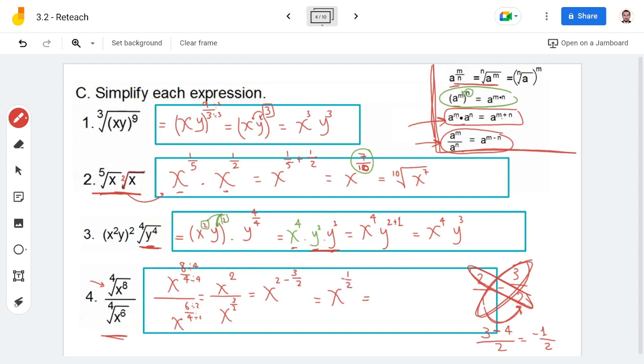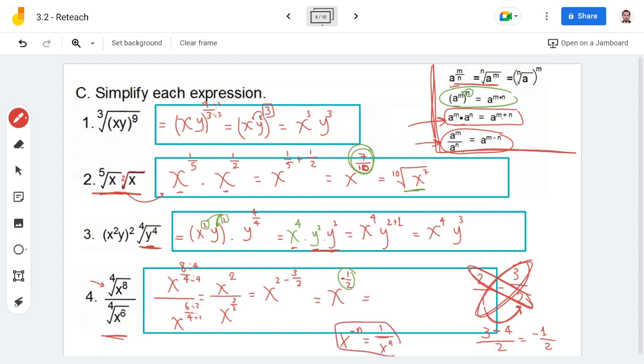Do you remember I told you that if we have a fraction in the power, we can convert it to a radical? Let's convert this one to a radical. Because this one is negative, don't forget this rule: when we have a negative power, we can write it as 1 over x to the power of n.